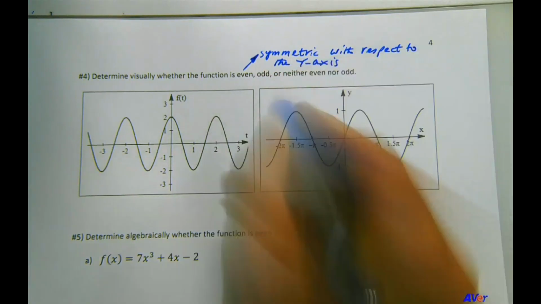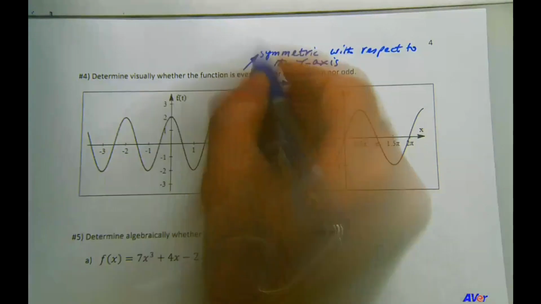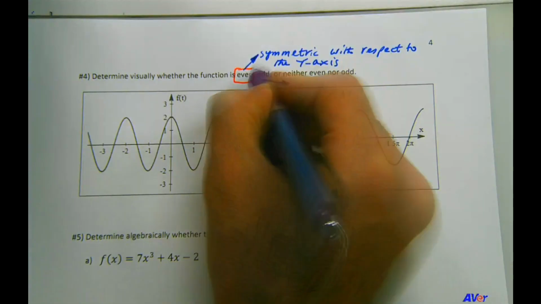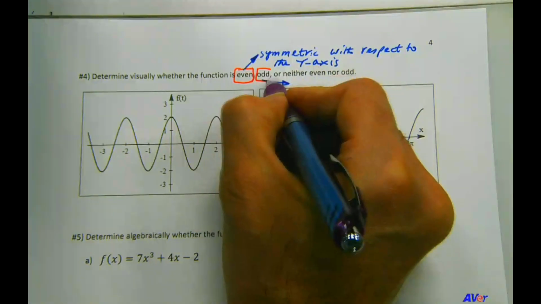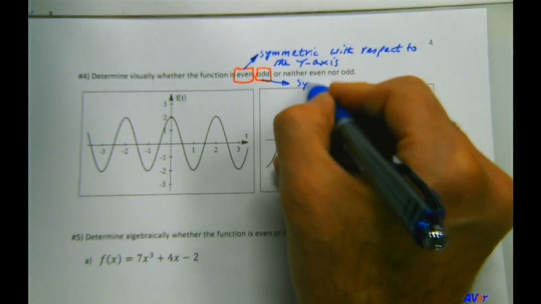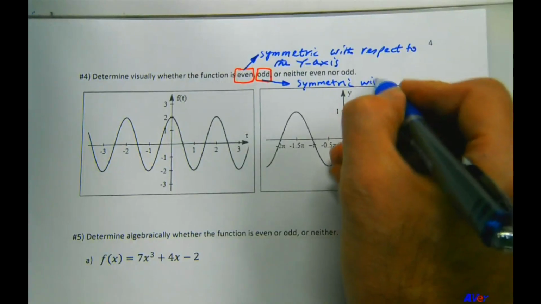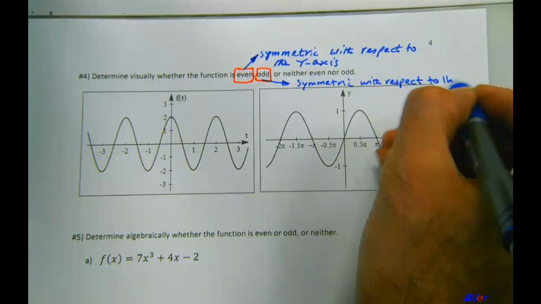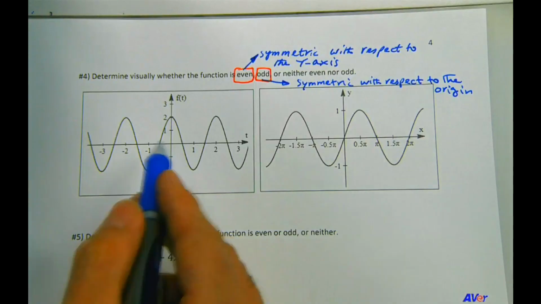We had it on the sheet earlier. How about the odd functions? So that's for even functions. For odd functions, they are symmetric with respect to the origin, right?